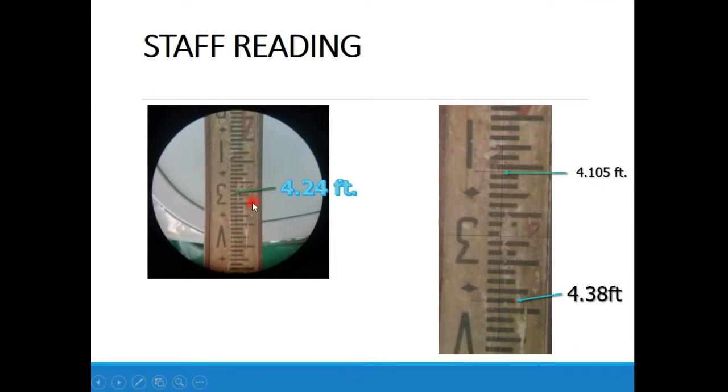As you can see on this one, we have an inverted staff, because the dumpy level that I'm using gives inverted images. So as we can see through the eyepiece, we have that crosshair which goes across the staff.